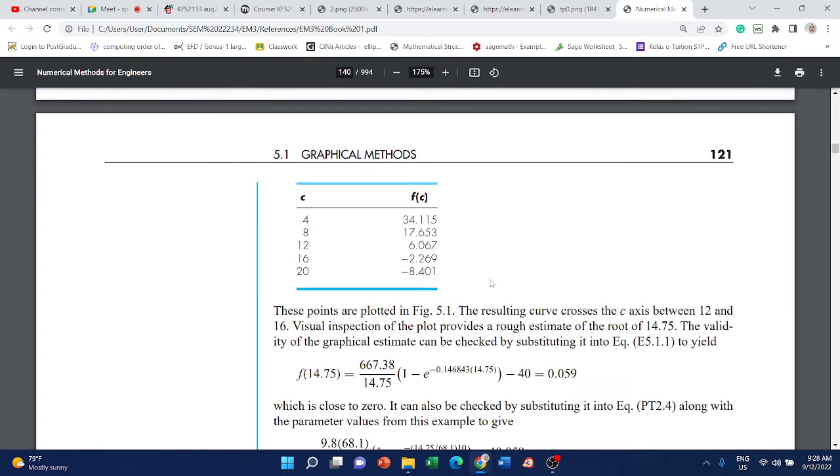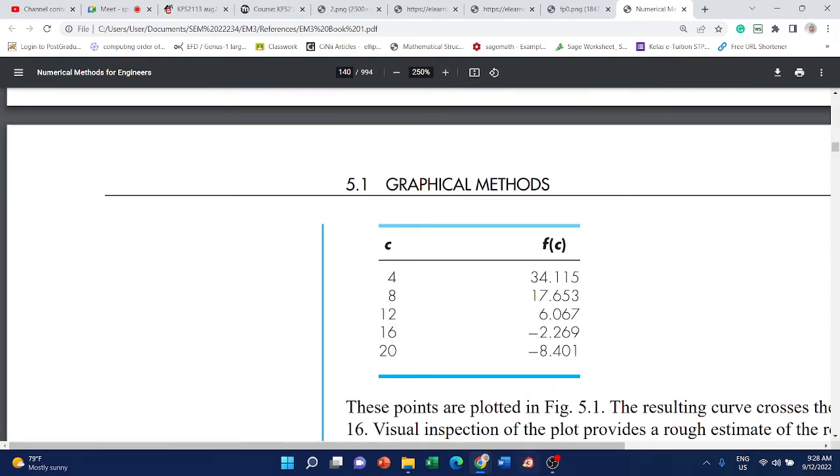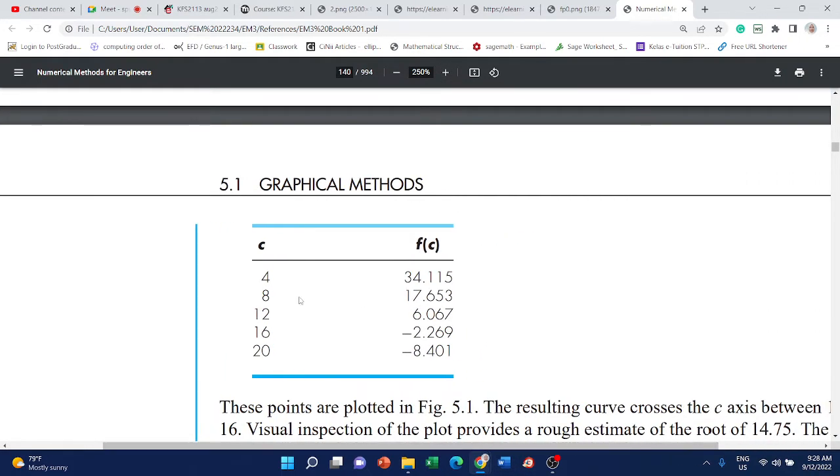Now for the bisections, this is something given in the questions. Can you see? Is it too small? Can you see the table here? The table containing c and f(c) values. Can, madam. Okay, so how to calculate f(c)?